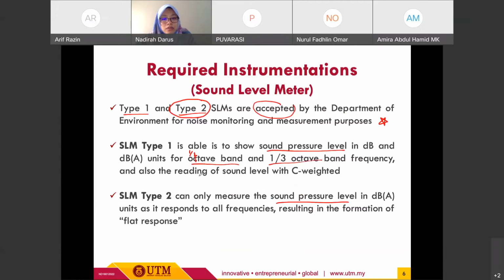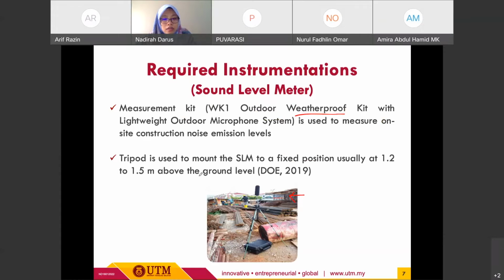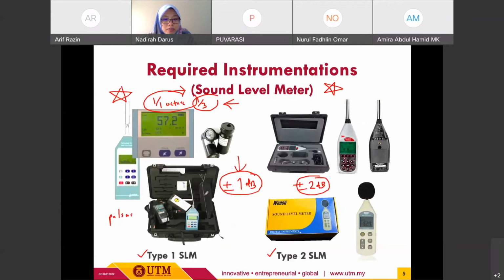Okay, so kalau refer balik to this figure, so basically this black box ni, kotak hitam ni adalah weatherproof kit. Okay, alat main structure dia adalah sound level meter kan. And then if we are doing outdoor measurement, selalunya especially for masa yang panjang, for example 8 hours working duration, so we are suggested to use this weatherproof kit.